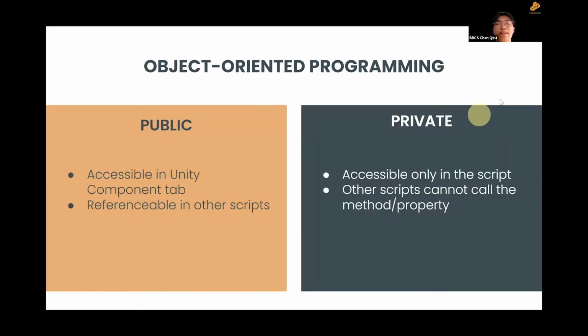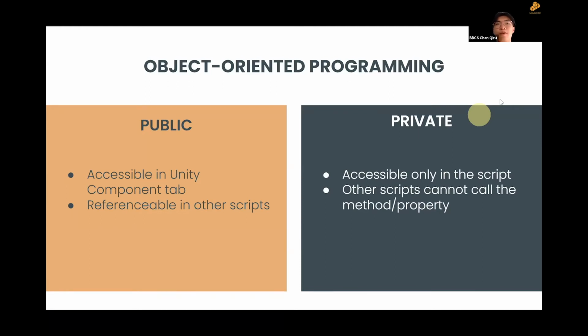And then another thing in C# is the permissions. In programming languages like Python it's not very obvious, but in C# you have to define exactly what the permissions are, which is public or private.